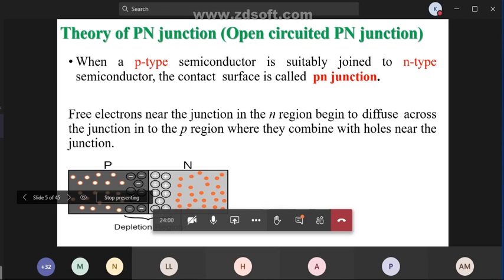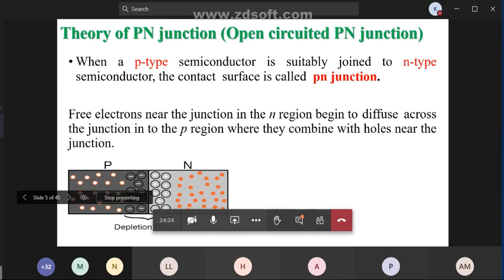So this electric field opposes the further recombination of holes and electrons. Clear? So when you combine these p-type and n-type materials, initially the electrons will move towards the p side and the holes will move towards the n side. After some time, an electric field is generated across the junction.